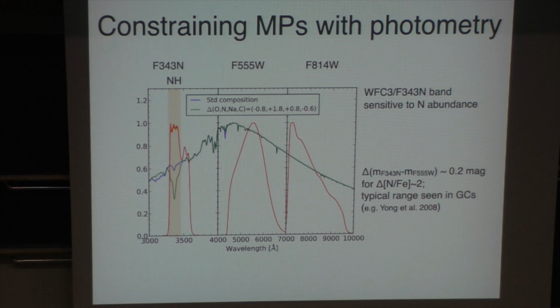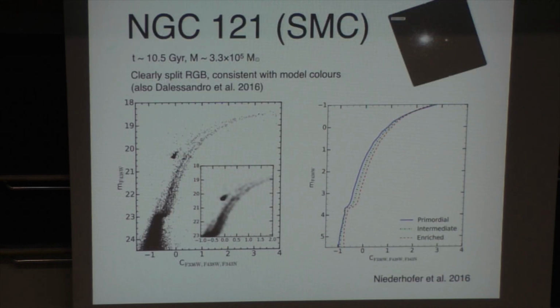So as a test, we started with NGC 121, which is the only oldish globular cluster in the Small Magellanic Cloud. And you see very nicely that you can separate out the two sequences there on the RGB. Right? So this was not a complete surprise. It's an old globular cluster. But it's actually still a little bit younger than most of the globular clusters in the Milky Way, right?